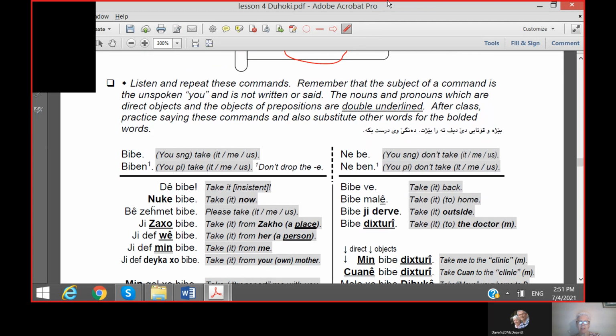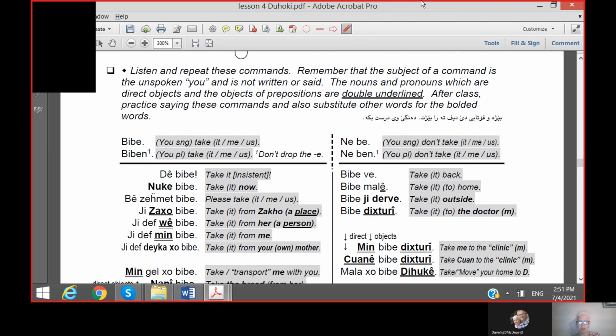Listen and repeat these commands. These are all recorded in the audio recordings. Remember that the subject of a command is the unspoken you, and it is not written or said. The nouns and pronouns, which are direct objects, and the objects of prepositions are double underlined, and they have to be oblique case.